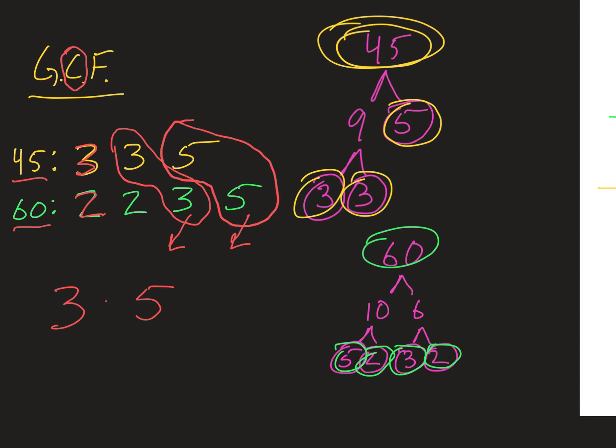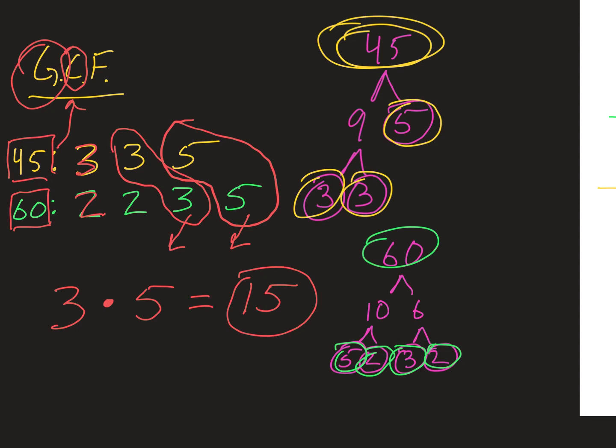And then you multiply. And when you multiply 3 times 5 and get 15, this is your greatest common factor. Okay? So that's your largest common factor that both of these numbers, 45 and 60, have in common.